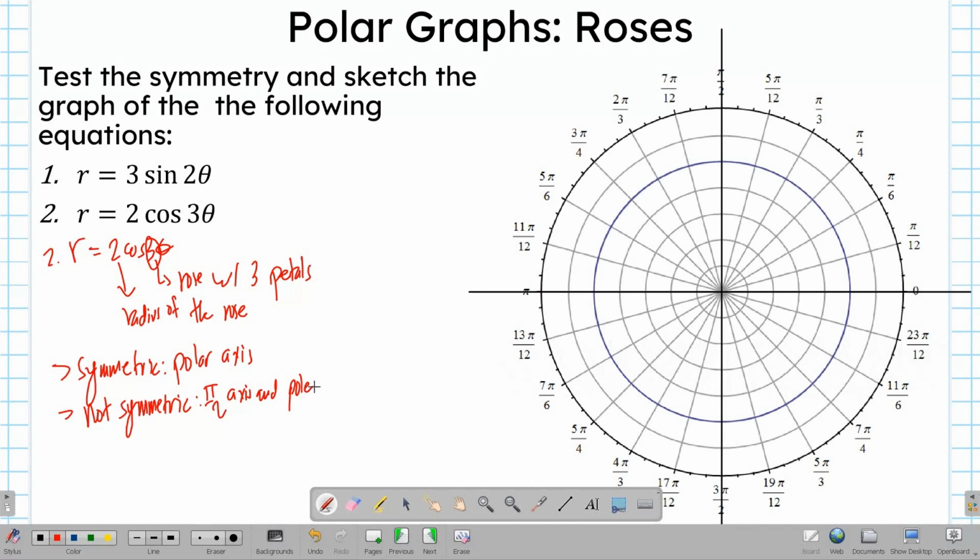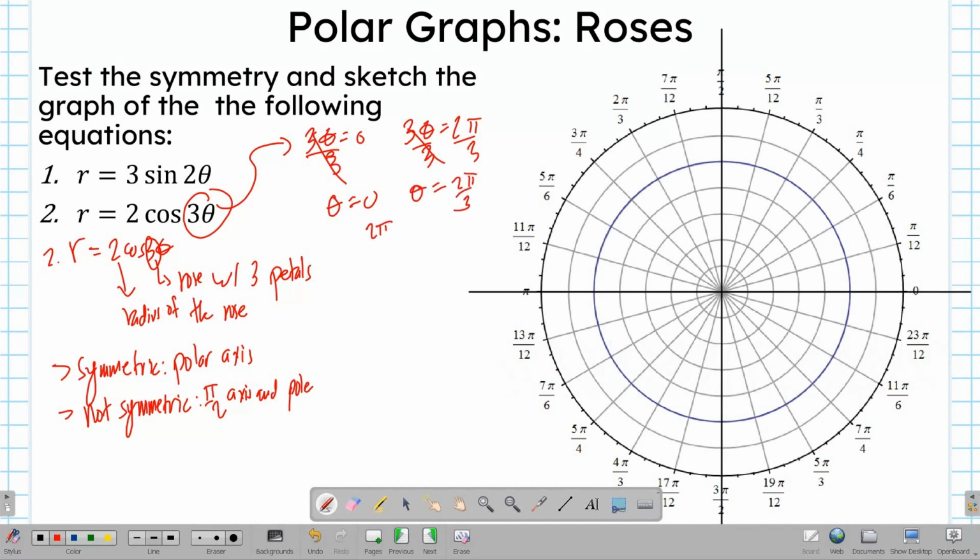Now, if we are to sketch the graph here, since this is 3 theta, so 3 theta would be equal to 0 and 3 theta would be equal to 2 pi, dividing, so our interval would be from 0 to 2 pi over 3.